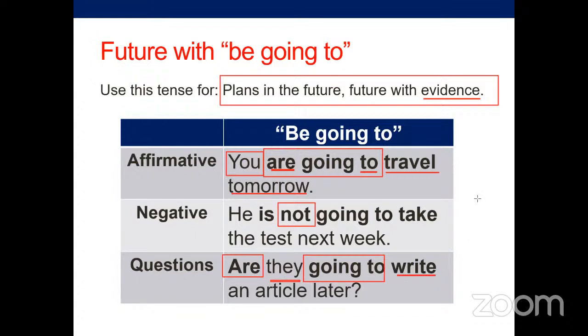All right, so let's try to do it. Tell me, please, a plan that you have in the future, something that you know that you're going to do, and tell me when you are going to do it, please, Leandro. What do you say? Okay. I am going to cook my tomorrow's lunch.